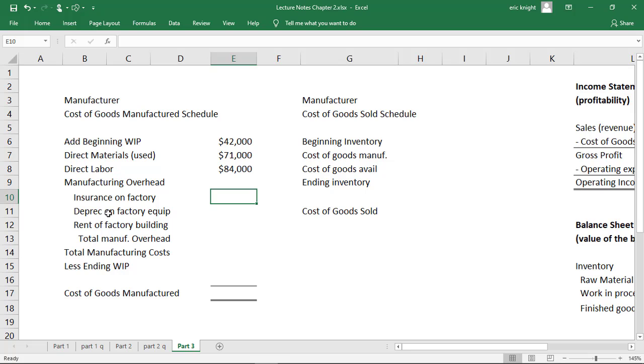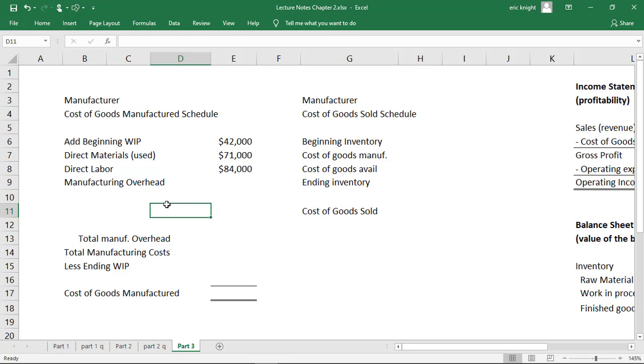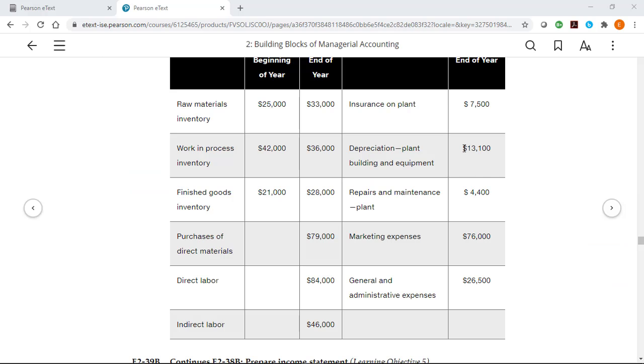All right, so my manufacturing overhead, now be careful with this one. It's going to be different depending on the company. So you have to determine what is going to be our manufacturing overhead. To get the manufacturing overhead, you have to come to the expenses that are provided, and look at which of these are manufacturing overhead.